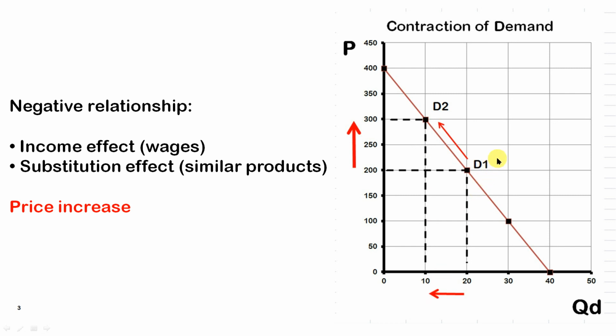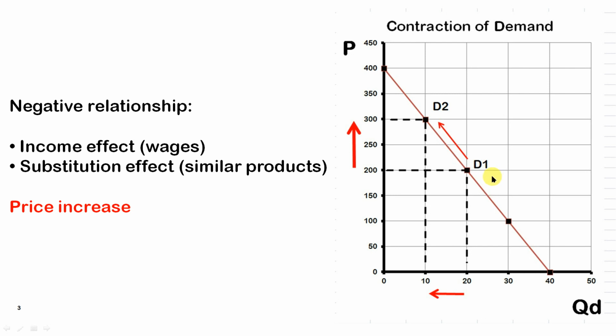So what do we notice here? We see that when there's an increase in the price from 200 to 300, the consequence is a decrease in quantity demanded from 20 to 10. So an increase in price results in a decrease in quantity demanded.